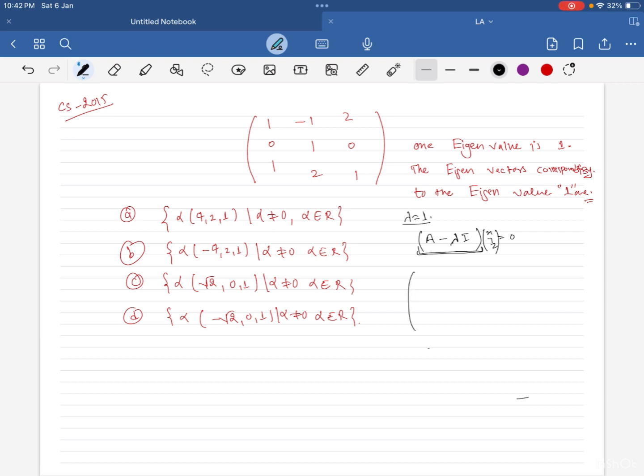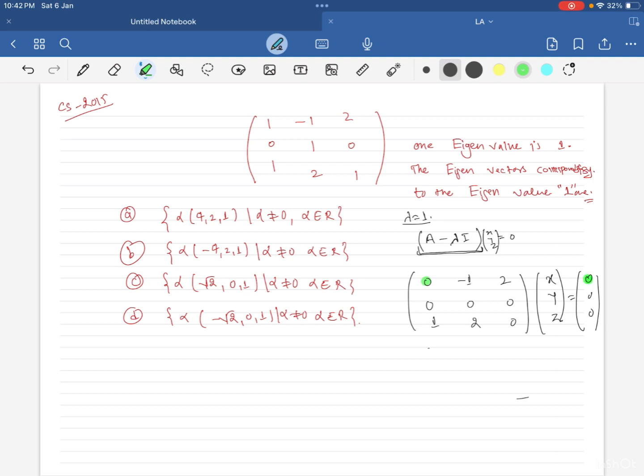It would be 0, minus 1, 2, and 0, 0, 0, and here we will have 1, 2, and 0, right? And we will have to find the null space of this matrix, equal to 0, 0, 0. And ultimately you will have to get 0, right?